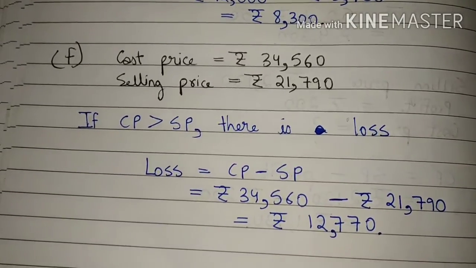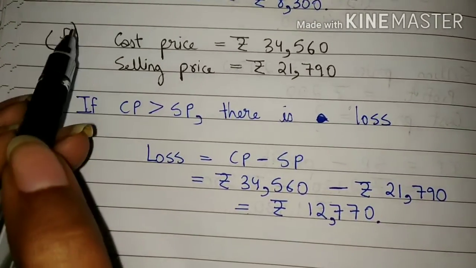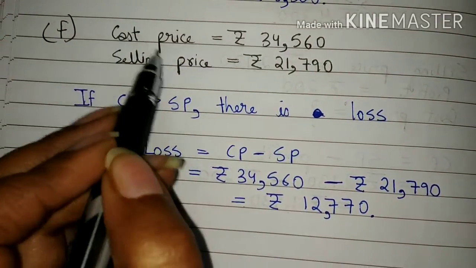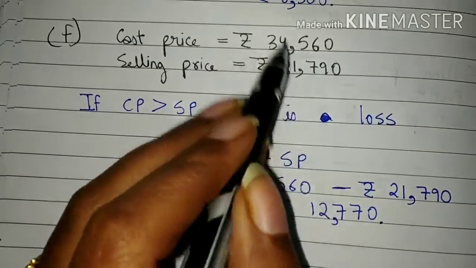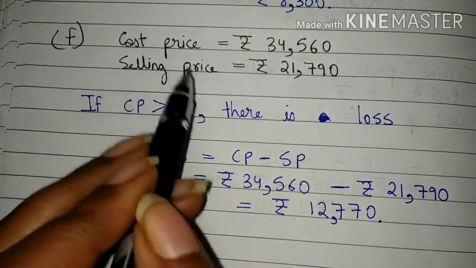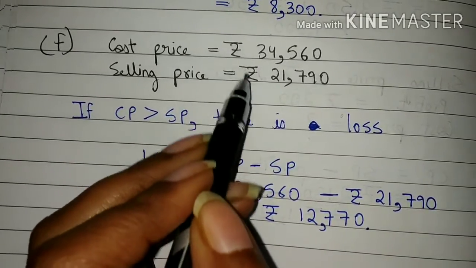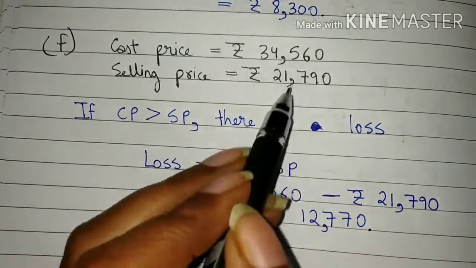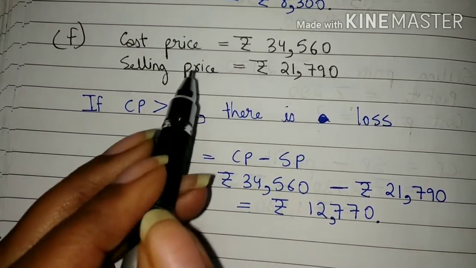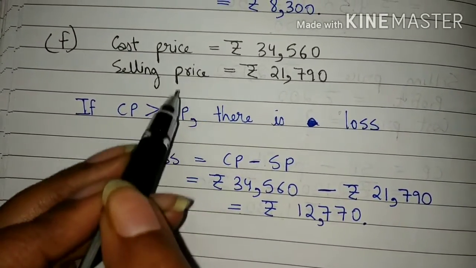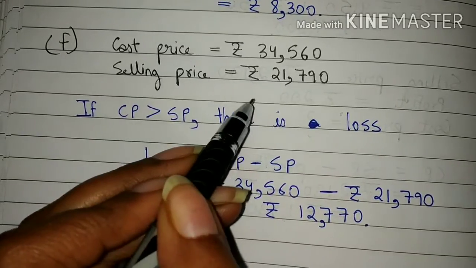Students, now come to F part. Students, cost price is given, that is rupees 34,560. Selling price is given, that is rupees 21,790. And there are two blanks. One is for profit and the other is for loss.